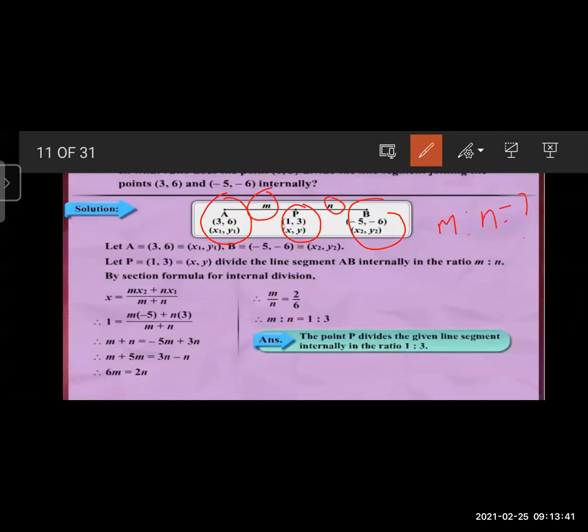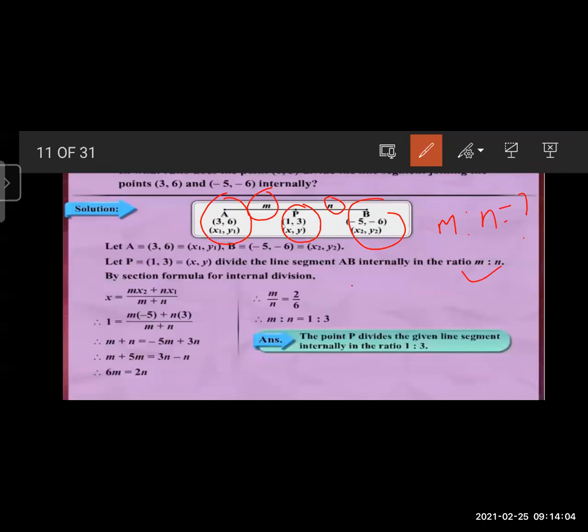Okay. So first we write the x1, x2, y1, y2 values, and then we write let P equal to (1, 3) divide the line segment AB in the ratio m is to n. Then we apply the section formula for internal division.